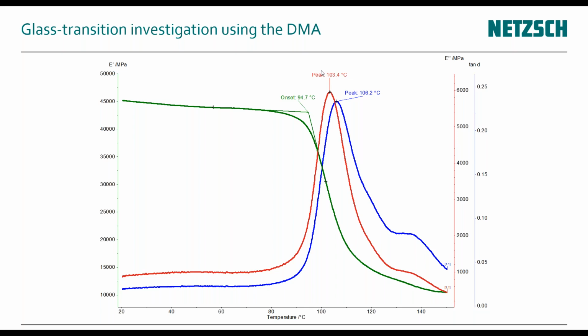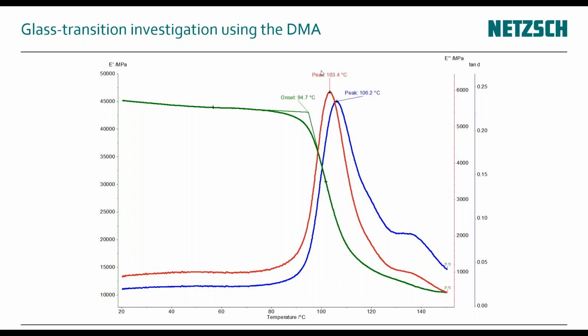So this is a very broad region already. And now, of course, in order to qualify this material, we have to give a value. So we have to agree upon which value we take. Clearly said, different standards use different kinds of evaluations. Some standards use the onset temperature in E prime, some use peak temperature in E double prime, and some use the tan delta peak.